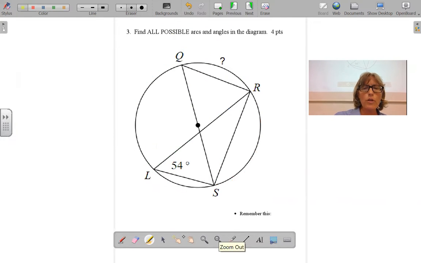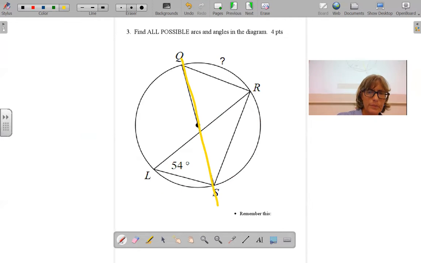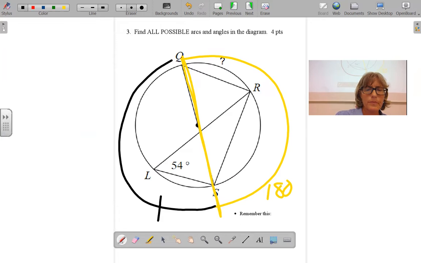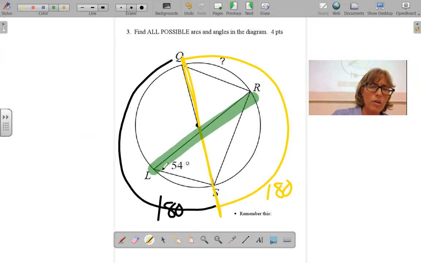All right, this one, several of you found it super annoying. Let's start with the obvious. One, we have a 180 here. So we sweep our 180 here, and then we have another 180 going this way. This is an inscribed angle.